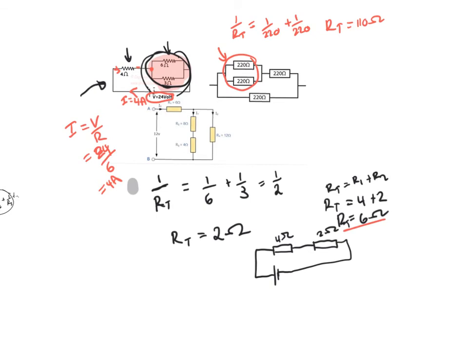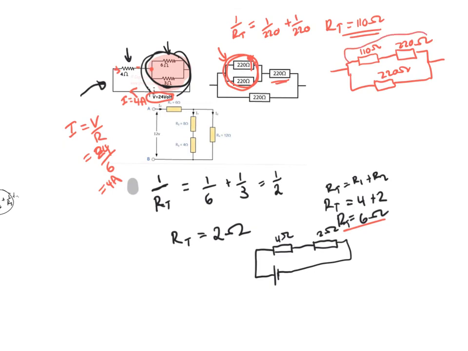Now, if I replaced this with a single resistor, it will be 110 ohms. So I'll redraw my circuit. This is 110 ohms with the 220 resistor next to it, connected in parallel to a 220 ohm resistor.